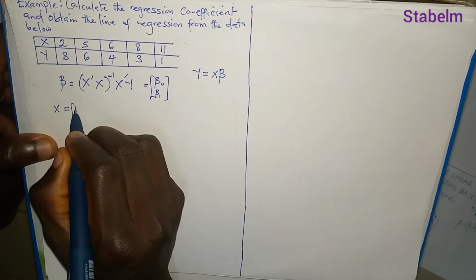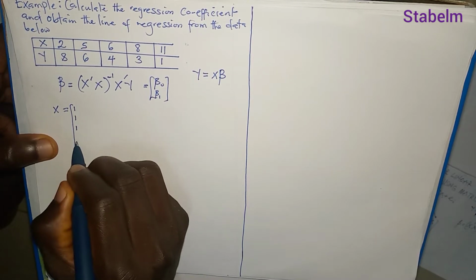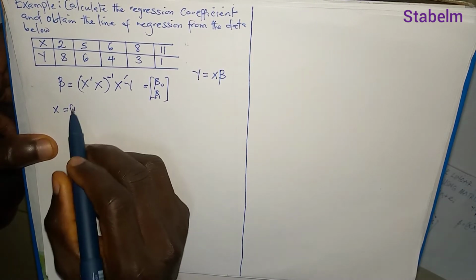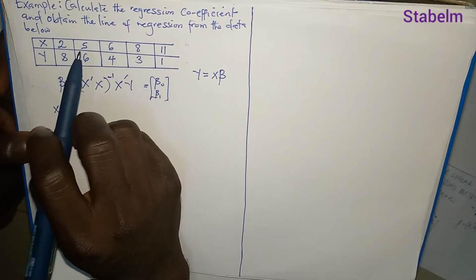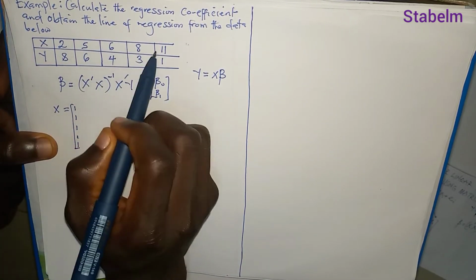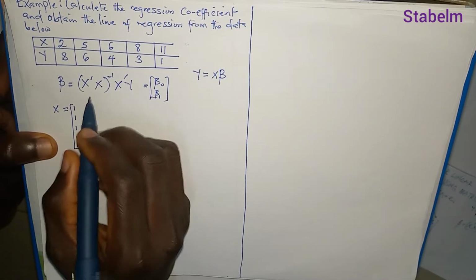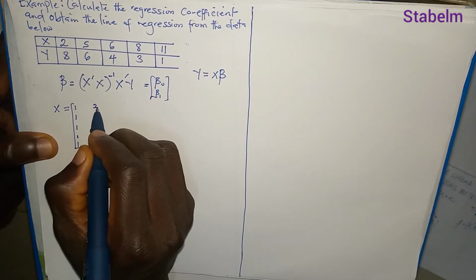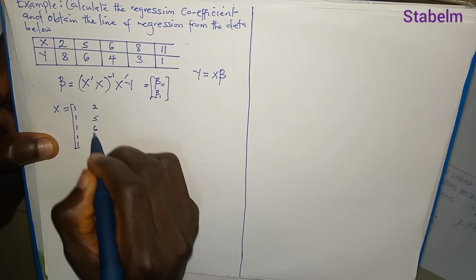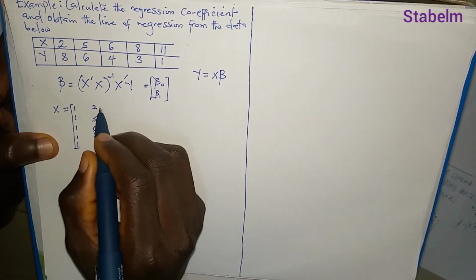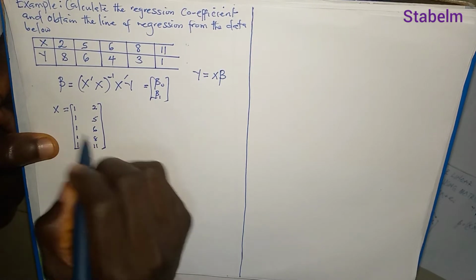So we have 1 1 1 1 1, and 1 2 3 4 5, because we have 5 numbers 1 2 3 4 5. The other side here we have 2, 5, 6, 8, 11. This is our x.